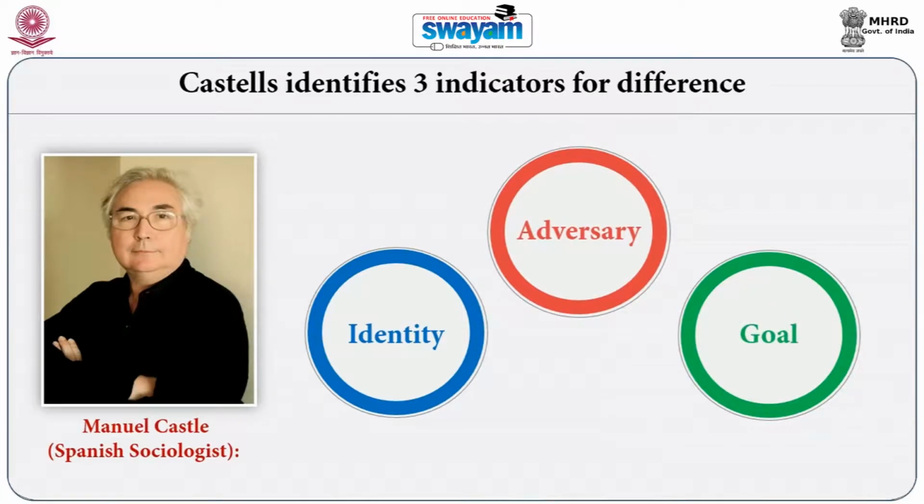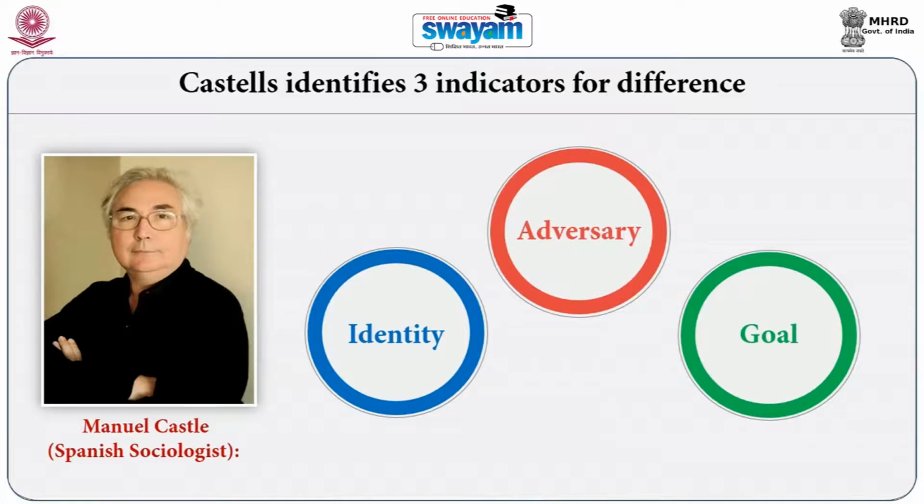These three indicators are identity, adversary and goal. According to Castells, every movement either produces a kind of identity or brings in a specific kind of identity. Secondly, a movement has an adversary against which it works or tries to change a particular thing, and a goal is basically the broad message the movement aims to achieve.